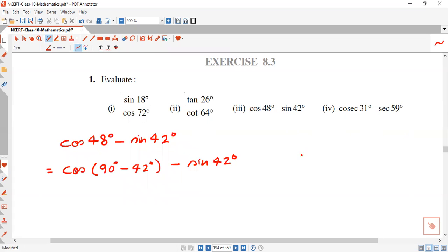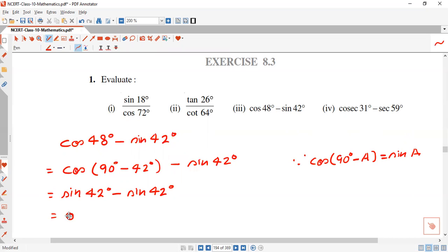Now we know very well, cos of 90 degree minus A equals sine A. So this will be sine 42 degree minus sine 42 degree. This comes out 0.